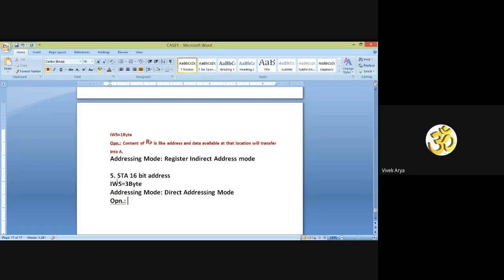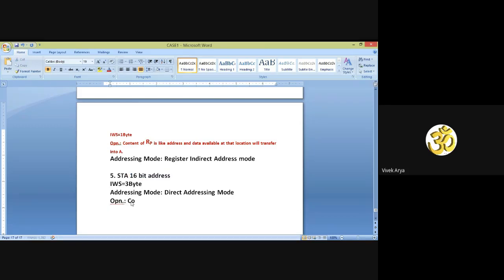The content of the accumulator after the execution of any arithmetic or logical operation, the resultant data we have in accumulator or register A, is transferred to this 16-bit address. You will understand it by one example. Before that example, I'm writing the operation performed by this instruction.